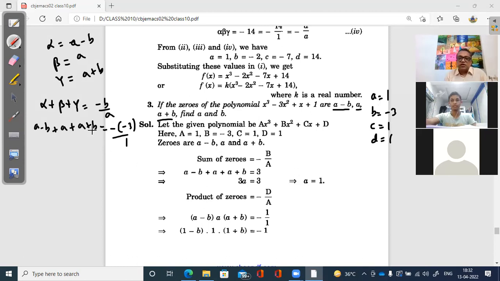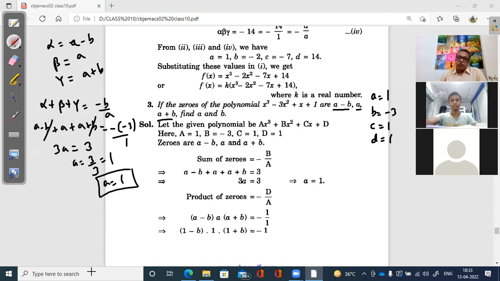There is a plus b and there is a minus b that will get cancelled. a will become 3a, minus and minus will become plus. So 3a equal to 3, a will become 3 upon 3. So we are getting the value of a as 1. We've already got the value of a as 1 by using the first formula, alpha plus beta plus gamma is minus b by a.